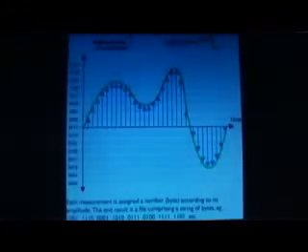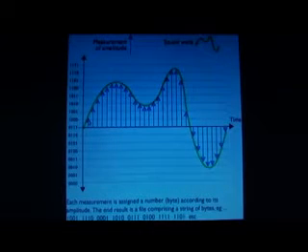Okay, this picture shows us how the device converts the analog sound to digital. We have a sound wave, and the device checks it point by point and determines a number of bits.